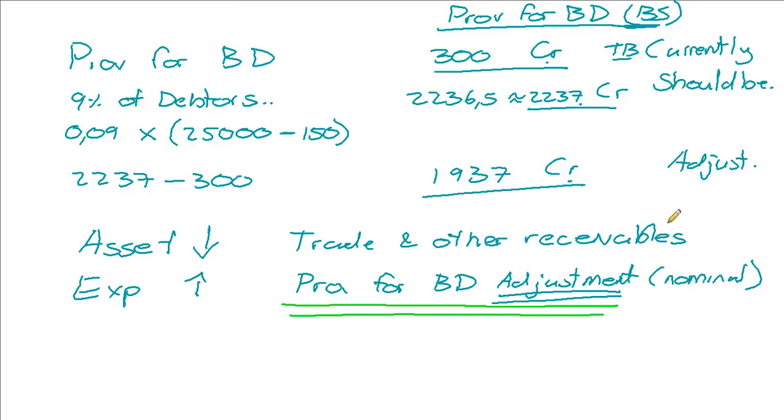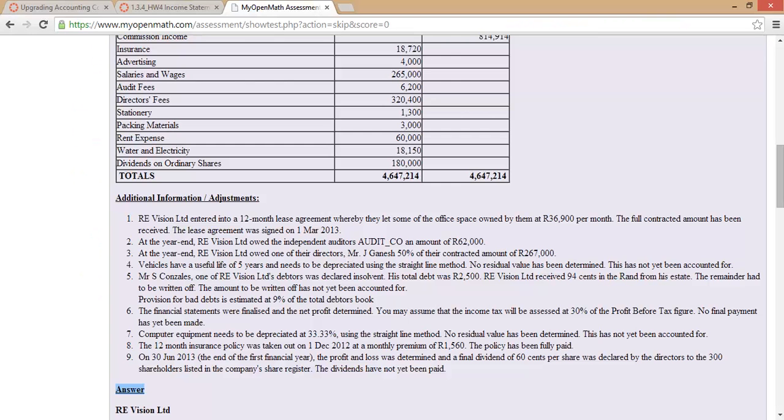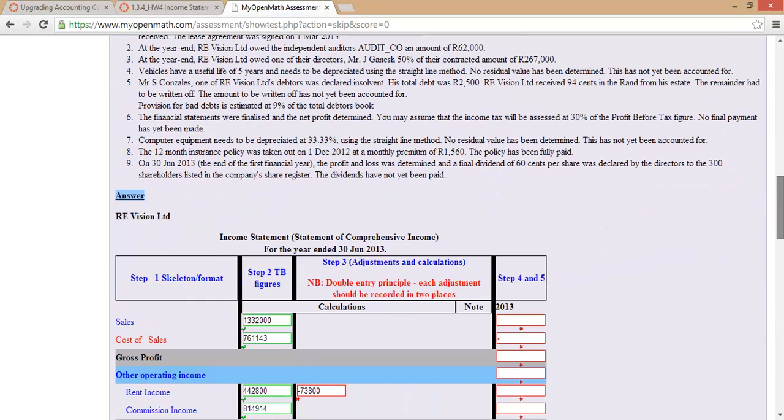This is the nominal account. This one here at the top, provision for bad debts without the adjustment at the end, that is my balance sheet account. Okay, so the provision for bad debts adjustment is going to form part of the income statement, while the trade and other receivables is going to be in my balance sheet under current assets. So my asset is decreasing because the provision for bad debts increased, and my expense is increasing because we're estimating the amount of assets that we're going to lose increased.